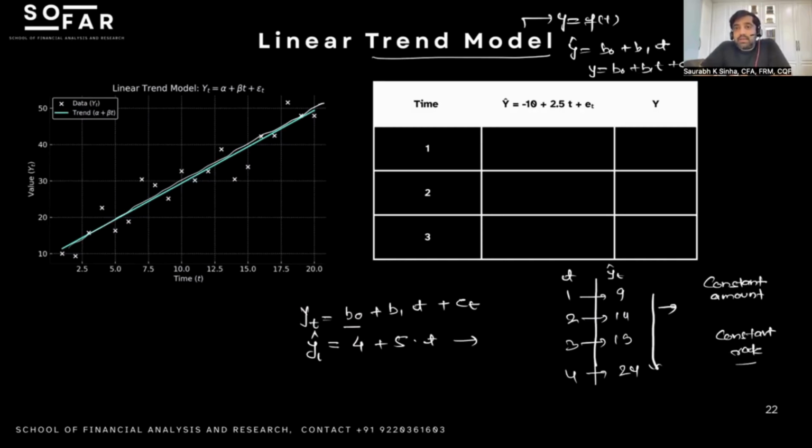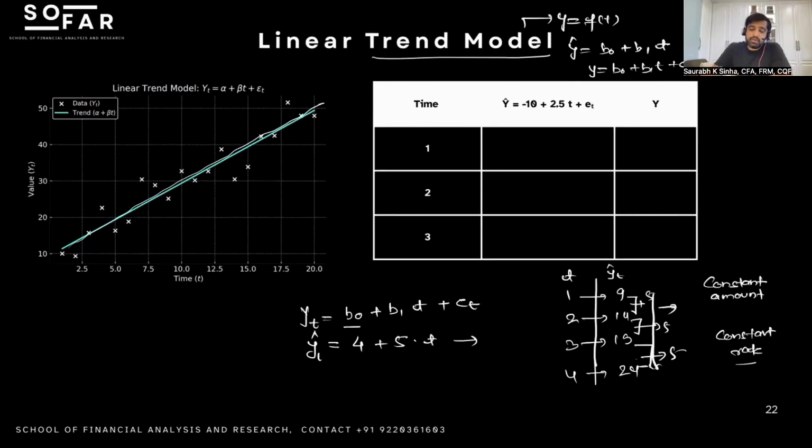Think carefully. So what is the difference between the two? 5. What is the difference between the two? 5. Is it constant amount or constant rate?